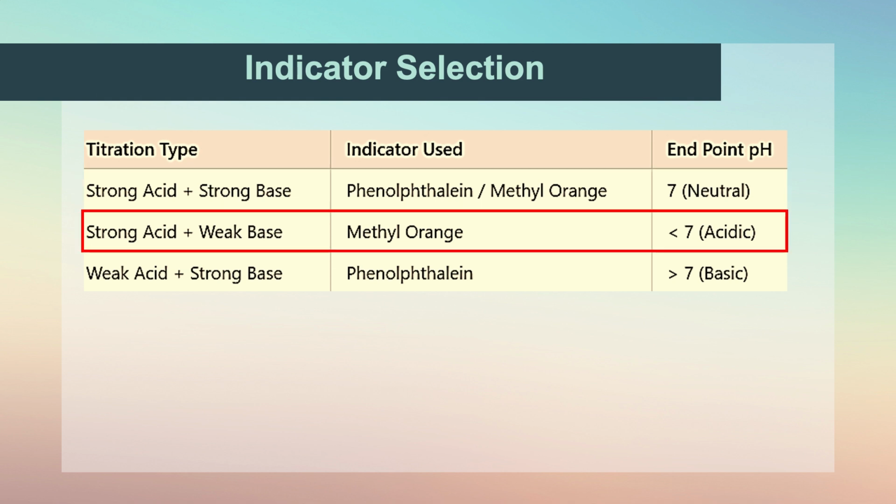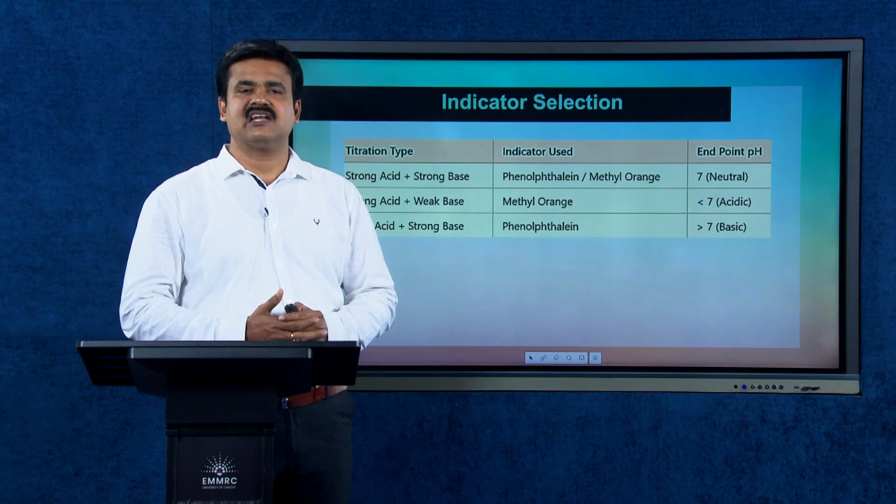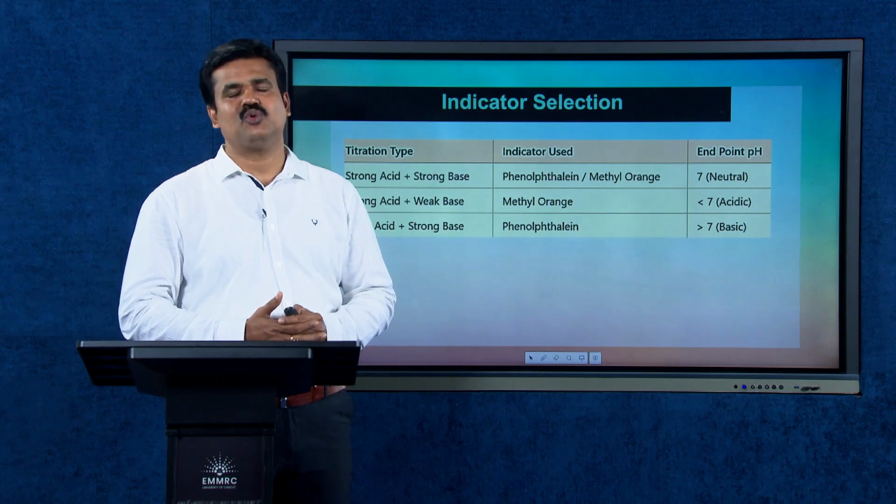However, if you take the second titration type, that is strong acid against weak base titration, the apt indicator based on the pH range is methyl orange, and the pH value near the end point is less than 7, or acidic pH, and the color change is from yellow to orange red.